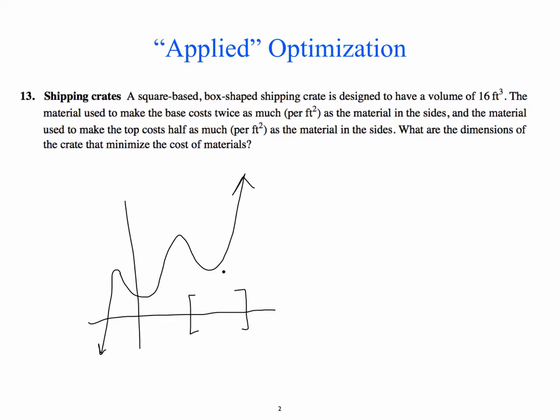okay? So if I took the equation for this graph, whatever that is, I find my critical values in the normal way, and I find between 2 and 7, I find a critical value at 3, right? But that critical value gives me a minimum, a local minimum, and I wanted a maximum.